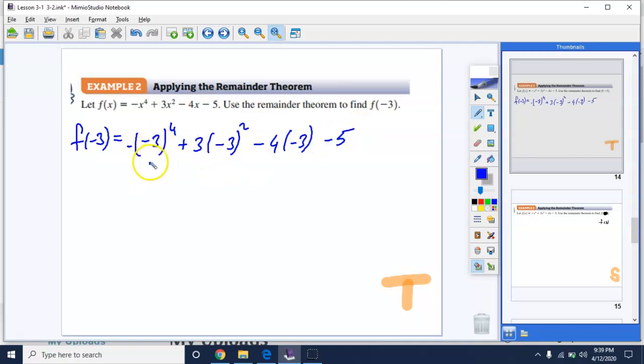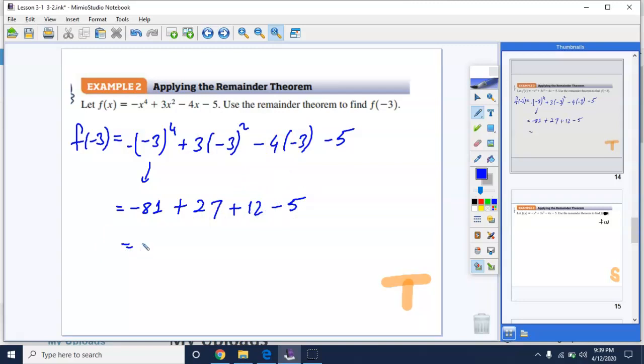Negative 3 to the 4th power should be 81, but it should be negative 81, and this part should be 9 times 3, 27. This part should be plus 12 minus 5.